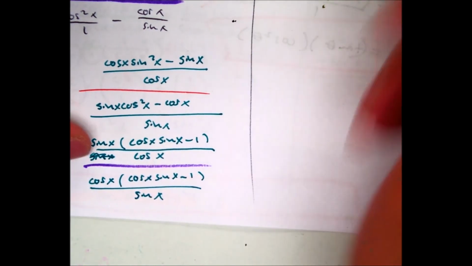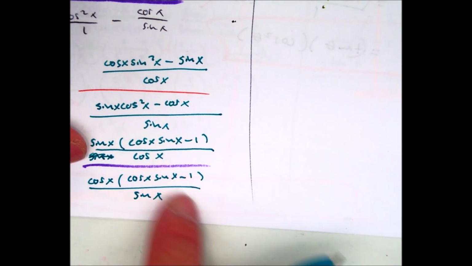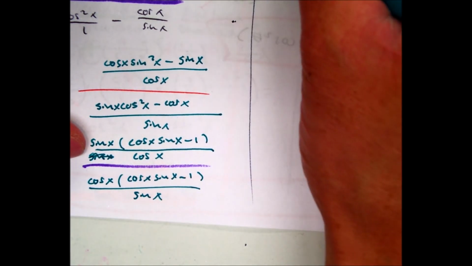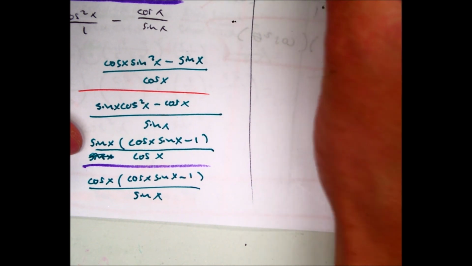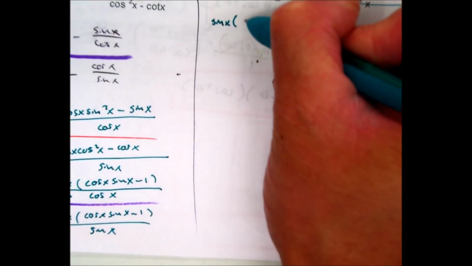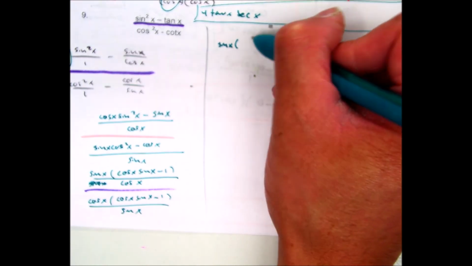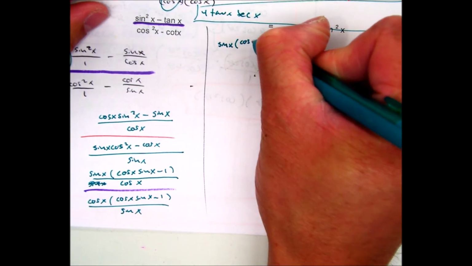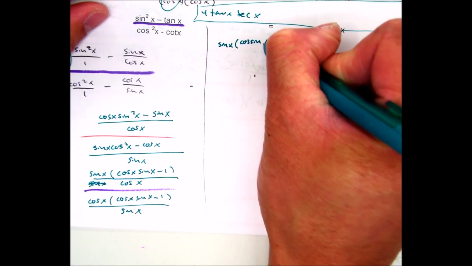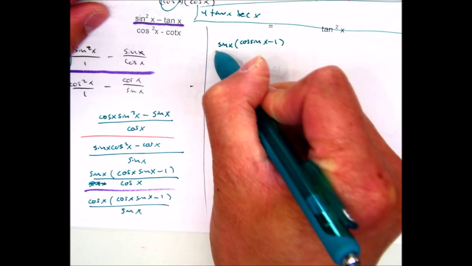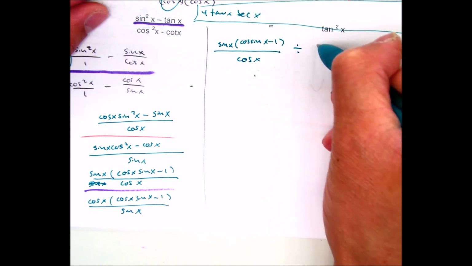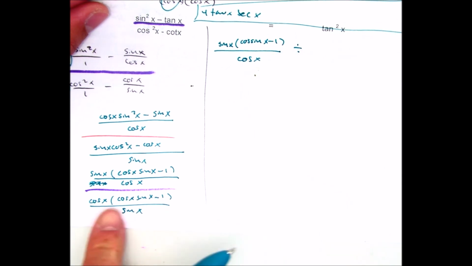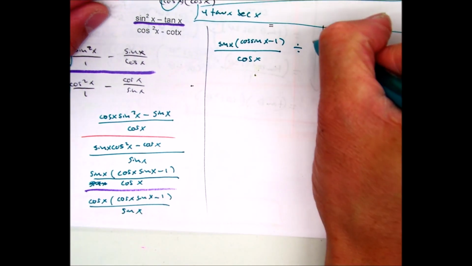Then I'm going to take these and put my fractions sideways. So I'm just going to repeat what I just wrote. Sine of x, cosine of x, sine of x minus 1 all over cosine of x, divided by, and you're copying this exactly. You don't have to change anything.